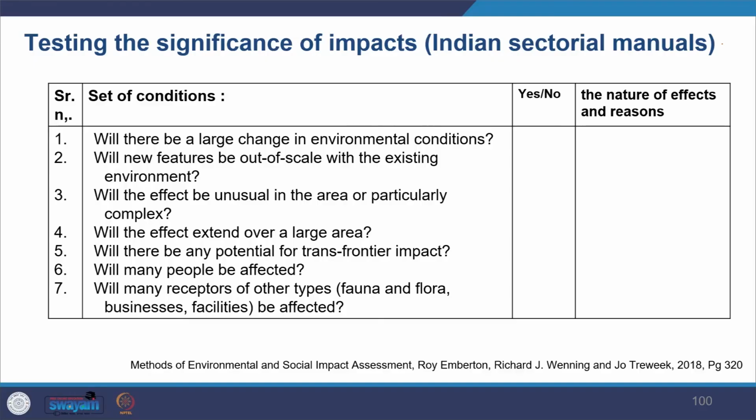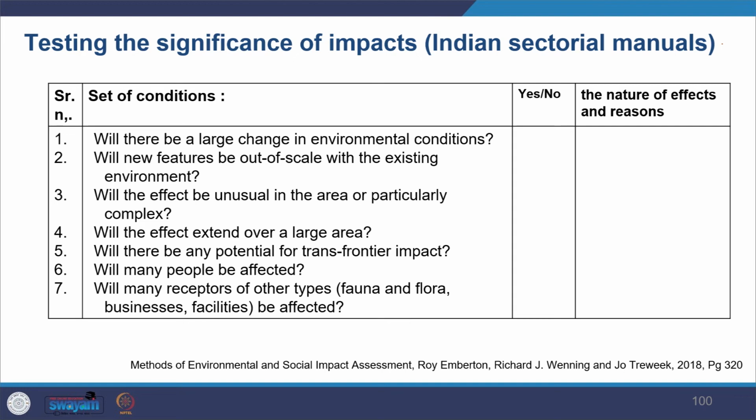From the manual, I have taken the kind of judgment one needs to make to test the significance of the impact. You look at the following checklist. Will there be a large change in the conditions? Will new features be out of scale with the existing environment?